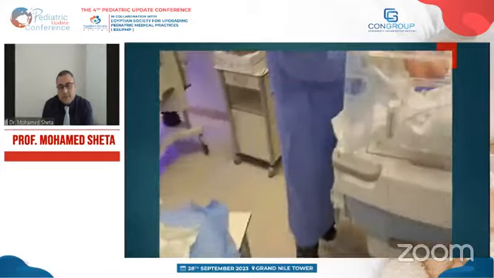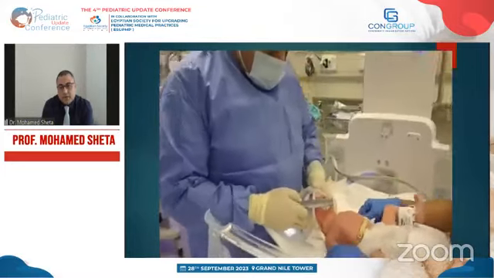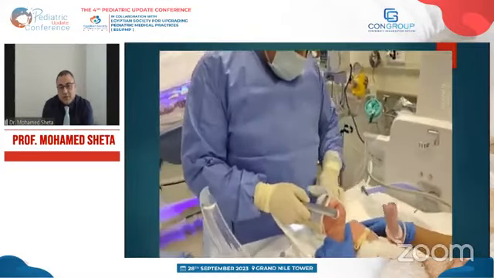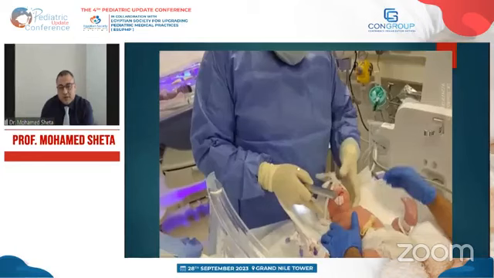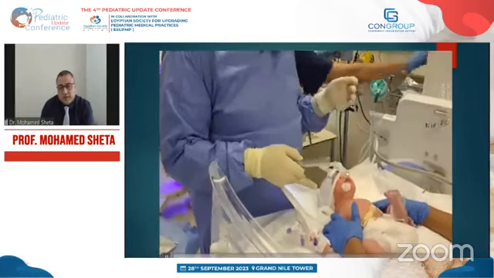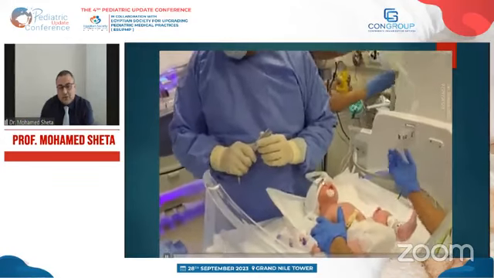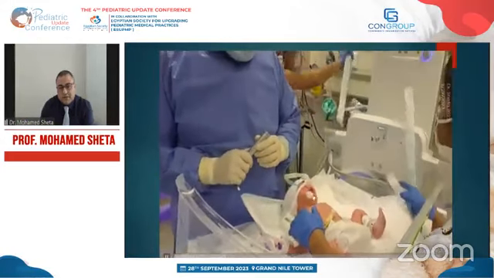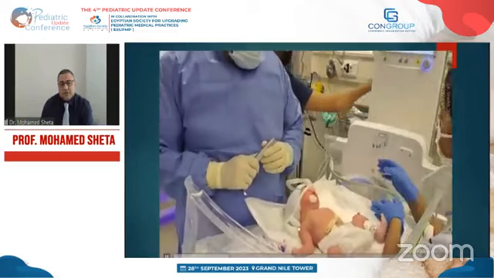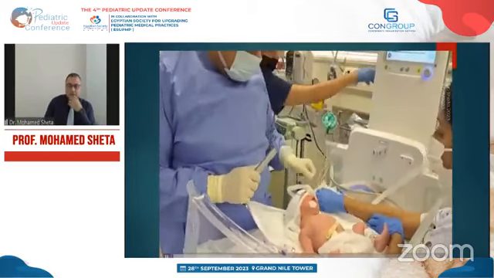Here is the team from our unit as we are preparing the baby for surfactant. The baby is connected already to the nasal CPAP, and we will position the baby and give surfactant by LISA technique while the baby is connected to the CPAP.